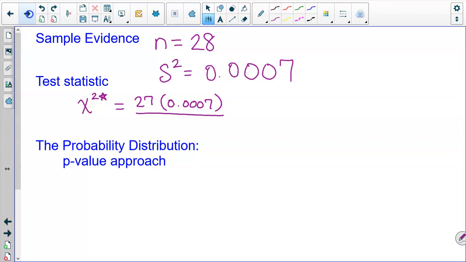So what was in your null and alternate? 0.0004. Why am I not squaring those? Because they're already given to me as variance. That's the one common mistake. All right, so if we calculate it, what do we get? 47.25.